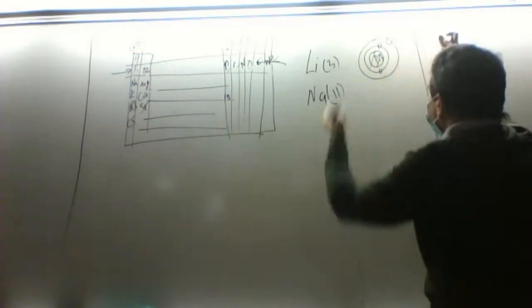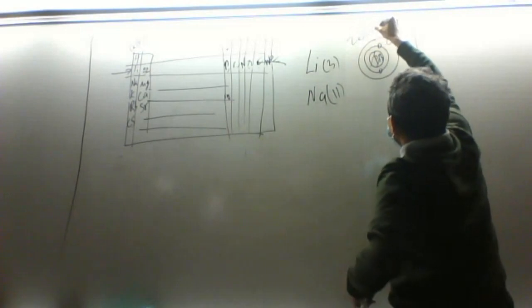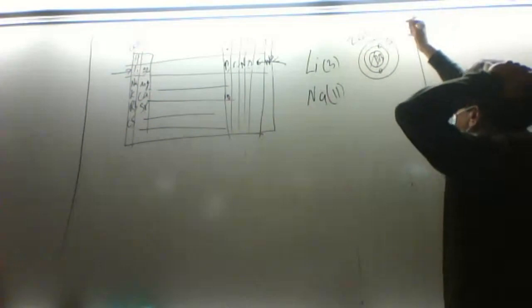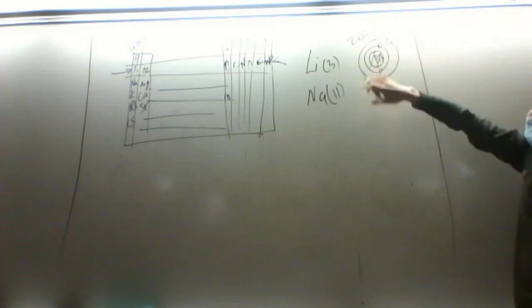So lithium looks like this, right? Now let's calculate the effective nuclear charge. Zeff would be 3 positive, with 2 inner electrons diluting that force, so 3 minus 2 equals 1, right? So the effective nuclear charge experienced by the outermost electron in lithium is 1.